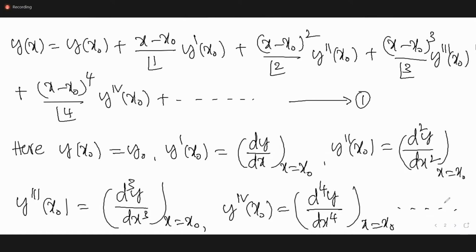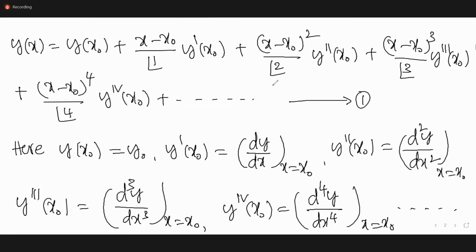We get a function y of x. In that function, we have to substitute the points. For example, in the question, solve the equation for x equal to 0.4, x equal to 0.2, or find approximate values of y at x equal to 0.1, 0.2, etc. So first write the Taylor series expansion and find the corresponding derivatives.